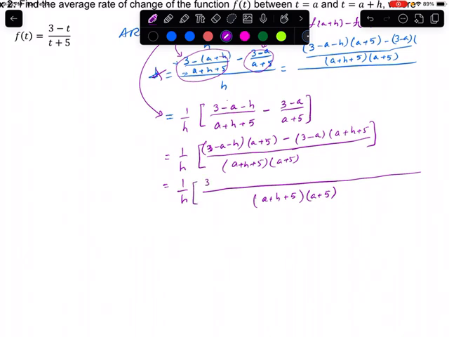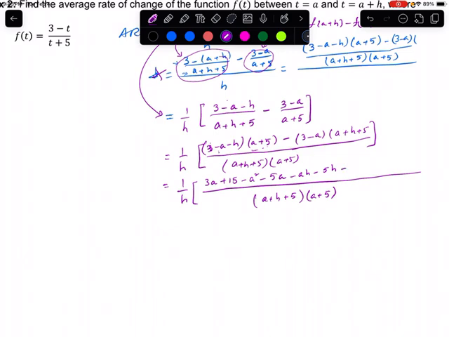We get 3a plus 15. So I'm taking this 3, multiplying it with a plus 5. Then I take negative a and multiply by a plus 5. So negative a square minus 5a minus ah minus 5h. And now we have this, and there is a negative sign outside.